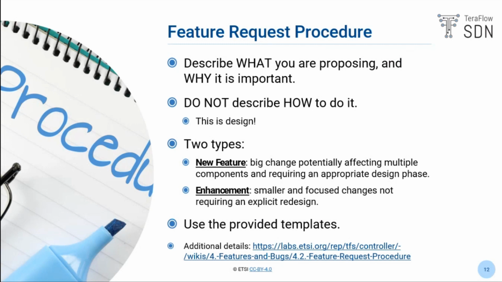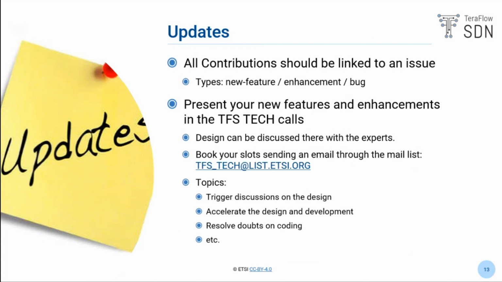For the request procedure, we have two different types. We have a new feature, and we have an enhancement, which does not have a significant impact on the architecture. We have templates for this procedure in our wiki page, so please take a look at them. If you have any questions, just let us know. And some updates: all the contributions need to be linked to some issue.